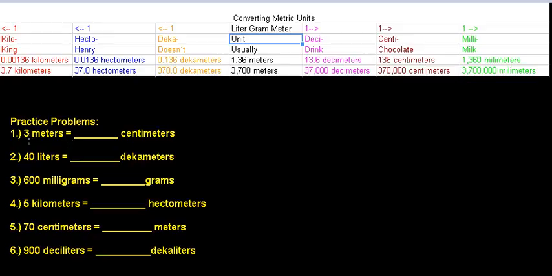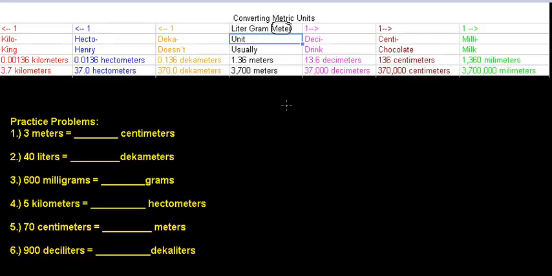Alright, so we have 3 meters and that equals something centimeters. I look up at my chart, I see where it says meter. We're starting at the unit part, which is just meter, and I'm going to have to transfer that to centimeters. So I'm going to go from meter and look for centi. Kilo, hecto, deca, deci, centi. So I'm going to go 2 spots to the right.